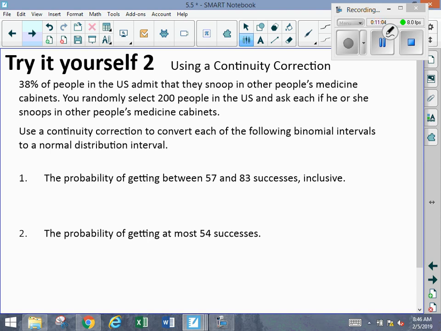They snoop in other people's medicine cabinets. Wow, that's messed up. You randomly select 200 people in the U.S. and ask each if he or she snoops in other people's medicine cabinets. We're going to convert each of these to a normal distribution.